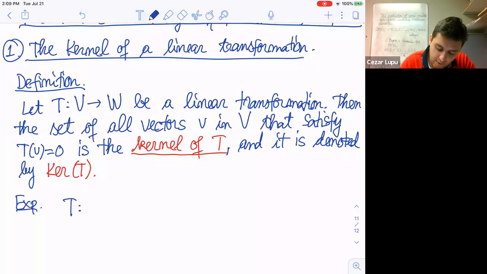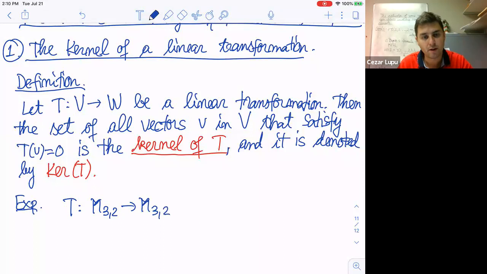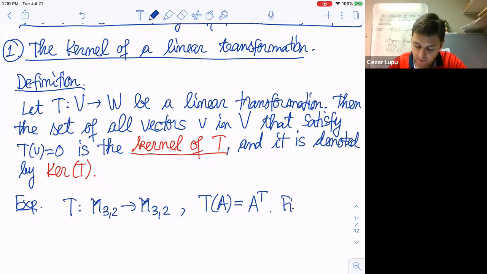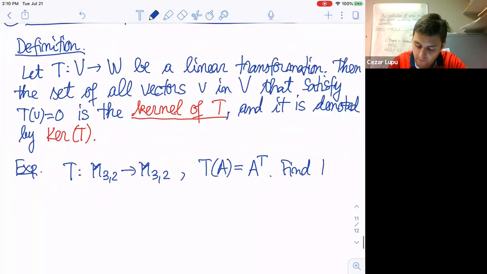Let me consider T from M32 to M32. M32 is the set of matrices with 3 rows and 2 columns. These are not square matrices. And T of A, my linear transformation, sends all matrices A to A transpose. We have seen that this is a linear transformation. The question is to find the kernel of T.